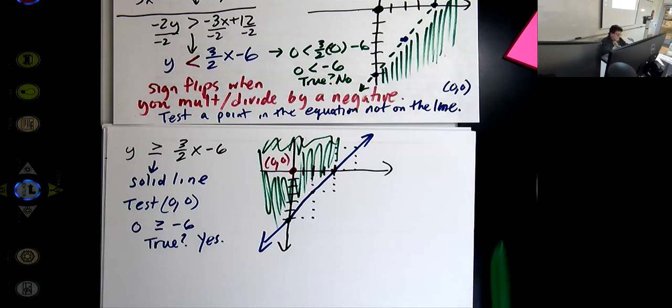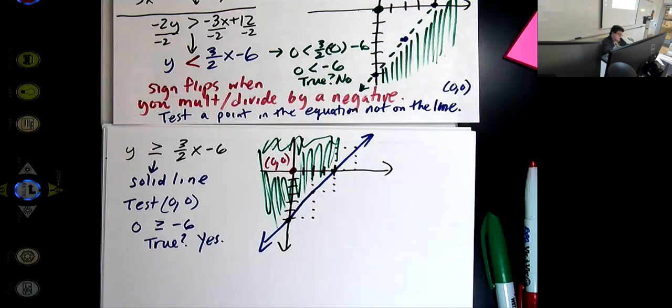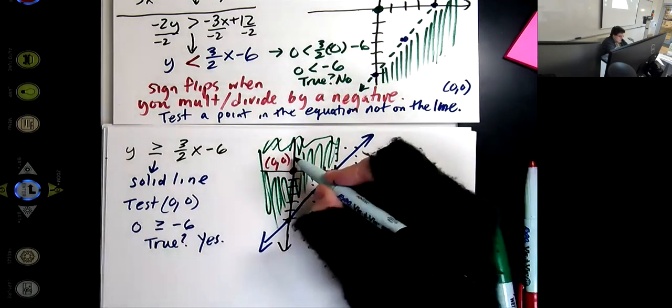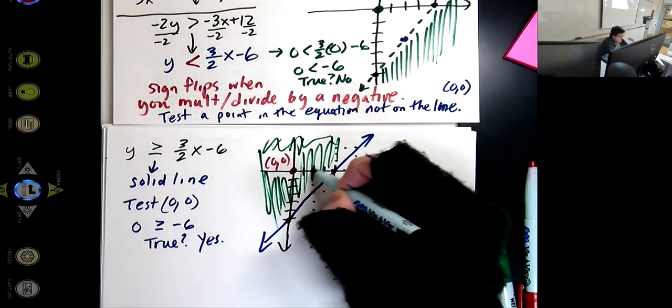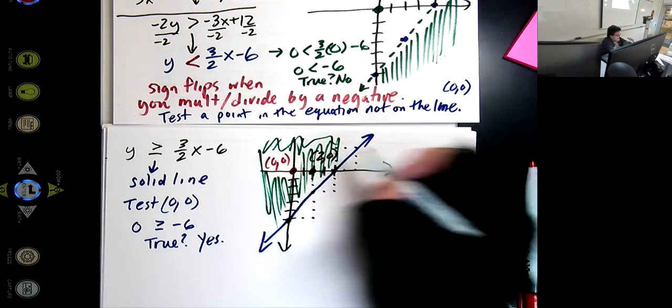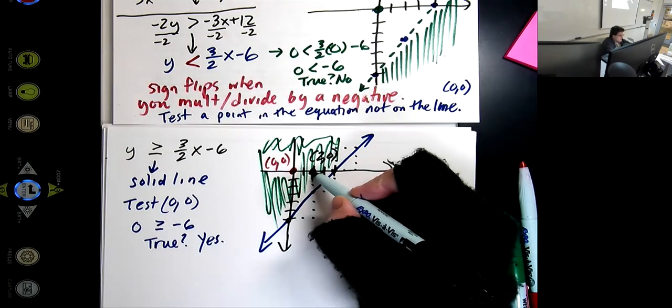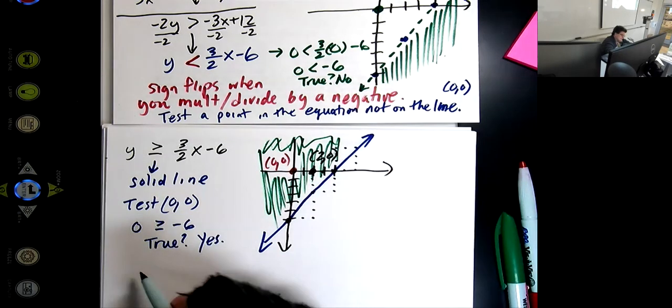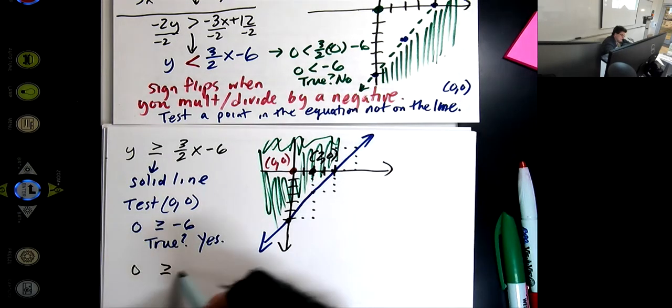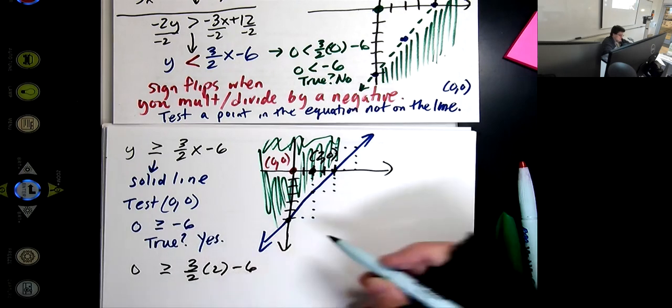So for example, if I pick (2, 0) right here, that's in my shaded area. If I plug in (2, 0), 0 is greater than or equal to 3/2 times 2 minus 6.